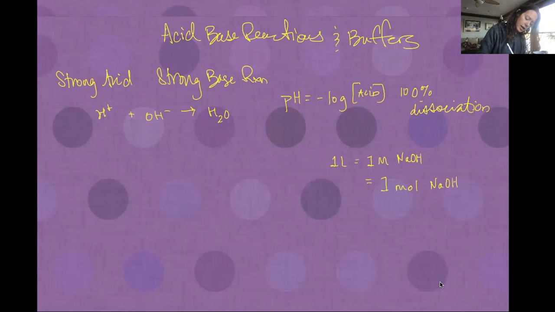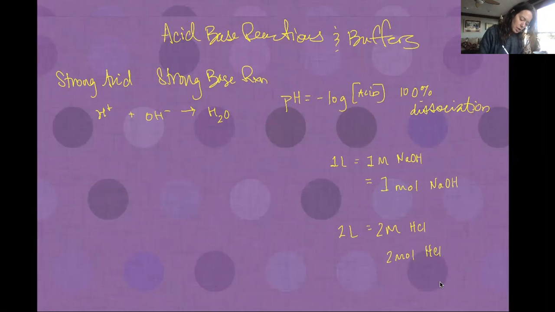And I have 2 liters, I'm just making these numbers so simple, of HCl. That makes 2 moles of HCl. So I would need to know how many moles I have, because that's the reaction. And it's not in terms of concentrations, it's in terms of moles.